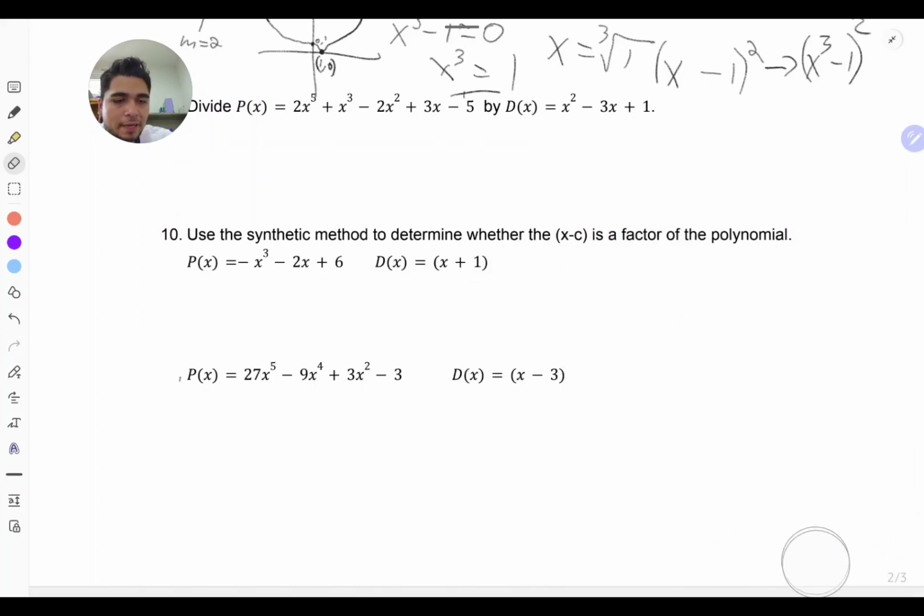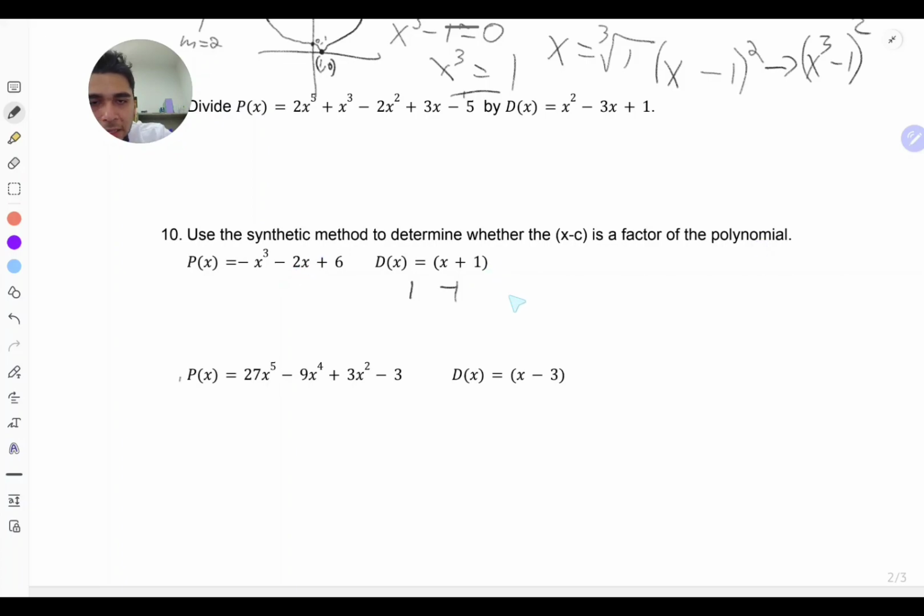Number 10 should be one of the fastest problems to solve using synthetic division, to determine whether or not this is a factor of this polynomial. Synthetic division just uses the coefficients of your polynomial. So, of course, we have a coefficient of 1. We have a coefficient here of negative 1.